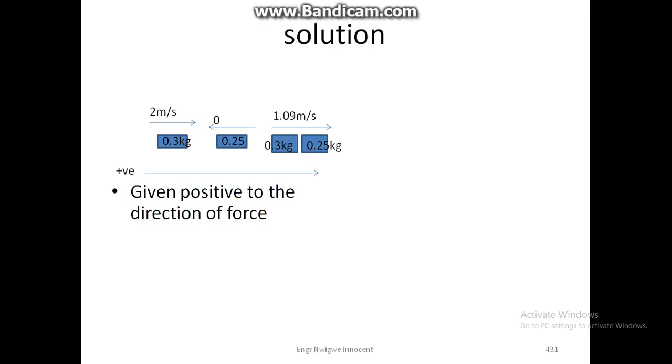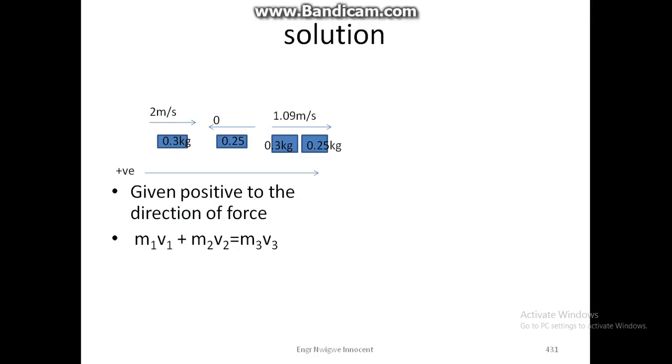Taking the direction of motion as positive, m1 v1, the mass of the moving train times its velocity, plus the mass of the stationary train times its velocity, is equal to the sum of the masses of the two trains combined times their common velocity. Then we substitute the values.